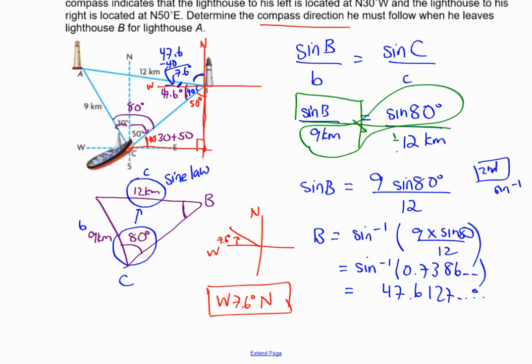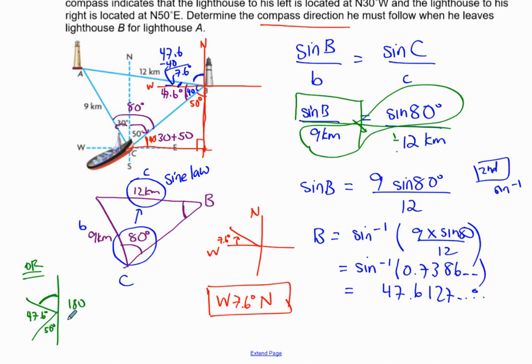The other thing that you could have done is, once you have this angle, you have your 47.6 degrees, and this is 50. You can calculate this angle. So here we have three angles on a line.